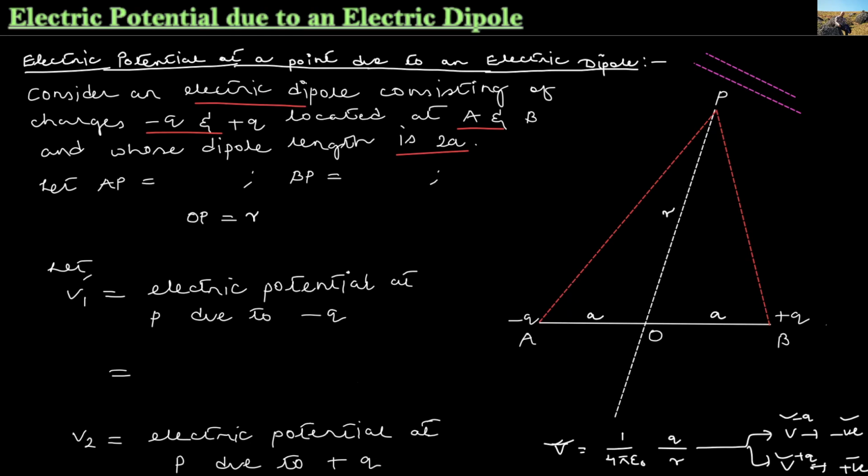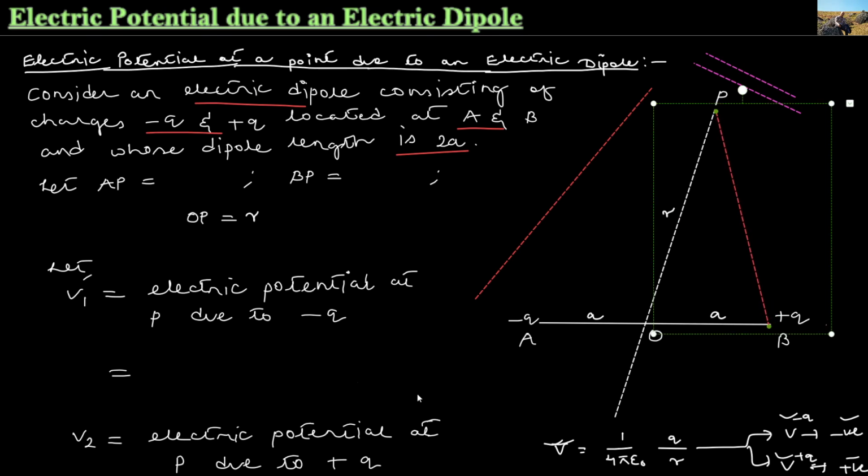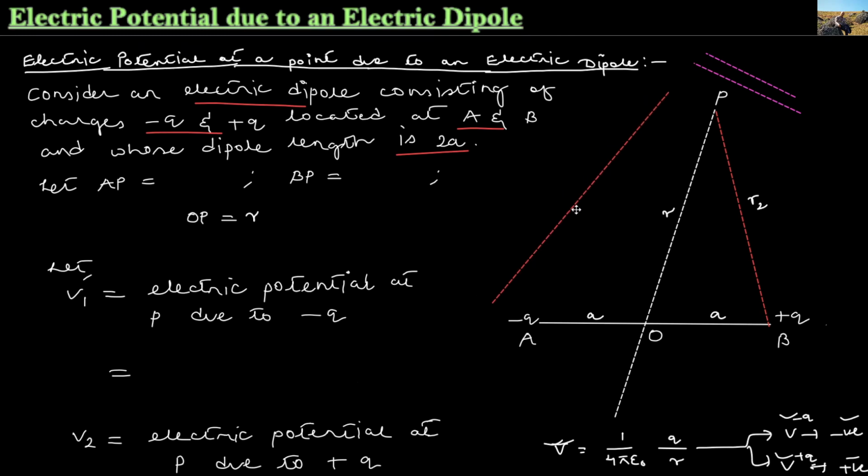And from here, by the help of these vectors, we can find the distances. Let the distance from B up to P be r2, and let the distance from A up to point P be r1.